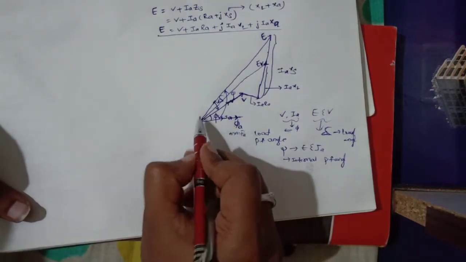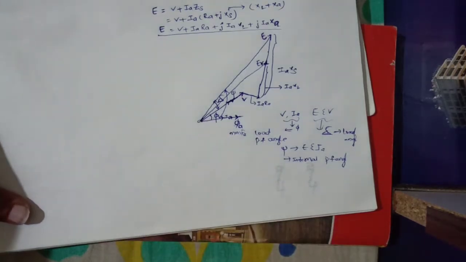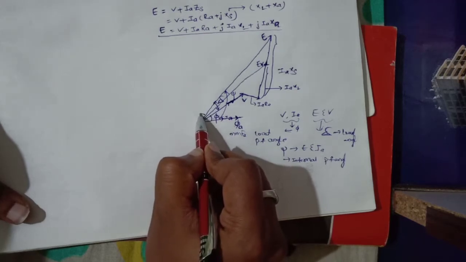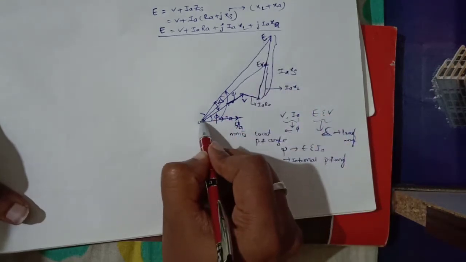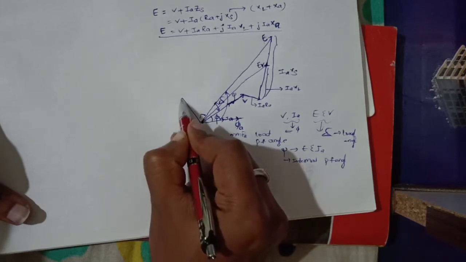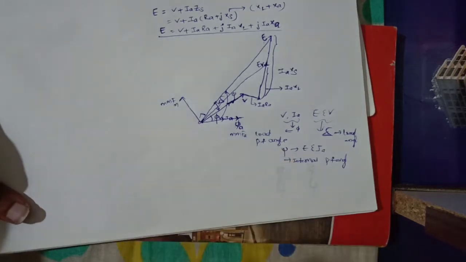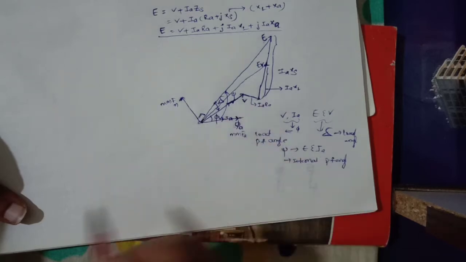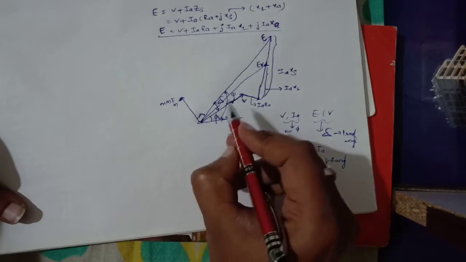Next, the main field MMF will be exactly 90 degrees to our generated voltage E, so I'll be drawing our main field MMF exactly 90 degrees to E. This is the armature MMF, this is the main field MMF.